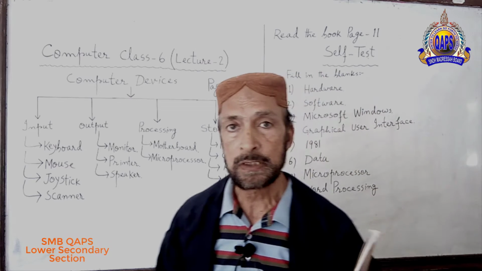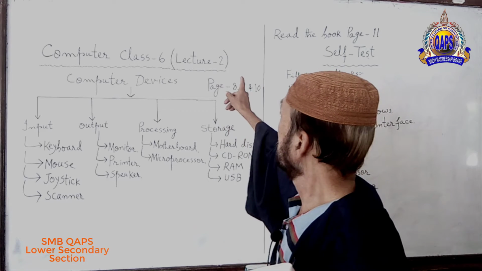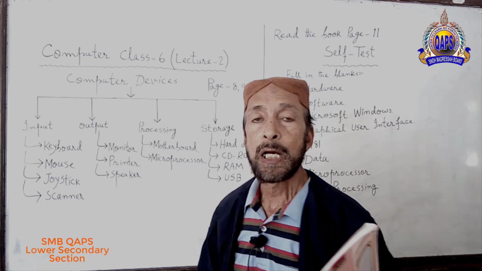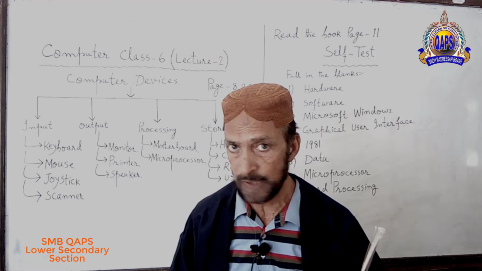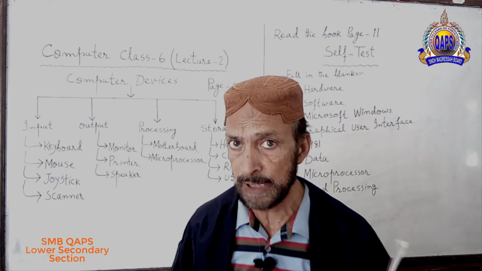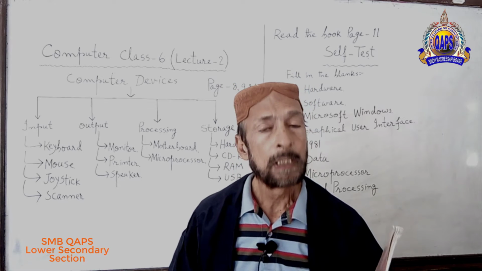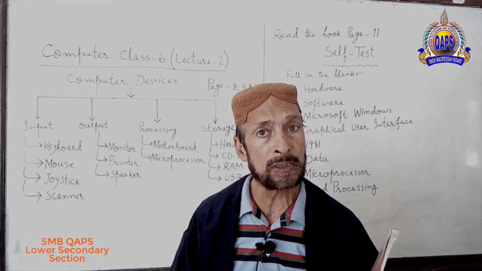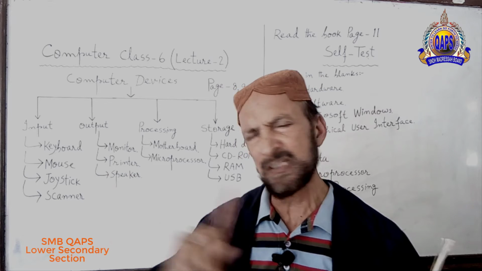Dear students, did you remember? In my previous lecture, I told you the definition of computer devices. Remember that? What are computer devices? Computer devices are computer parts. Remember this sentence only.